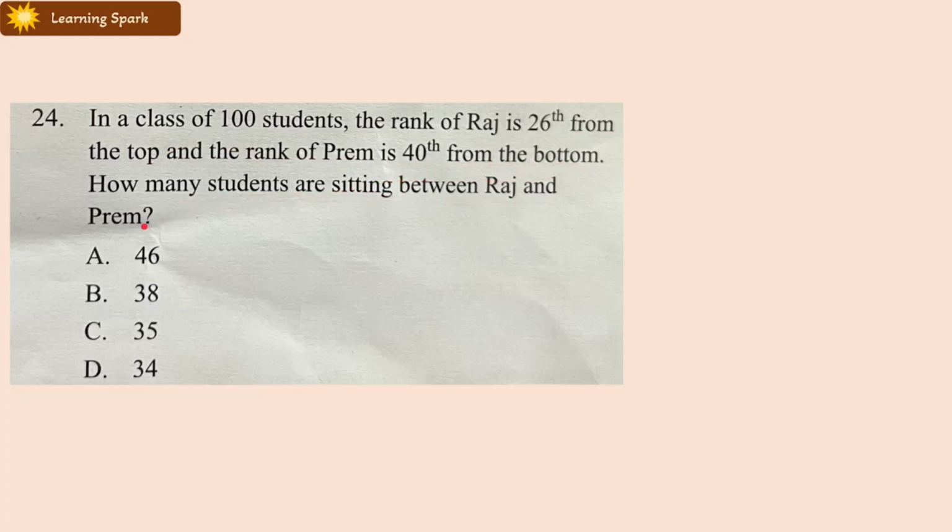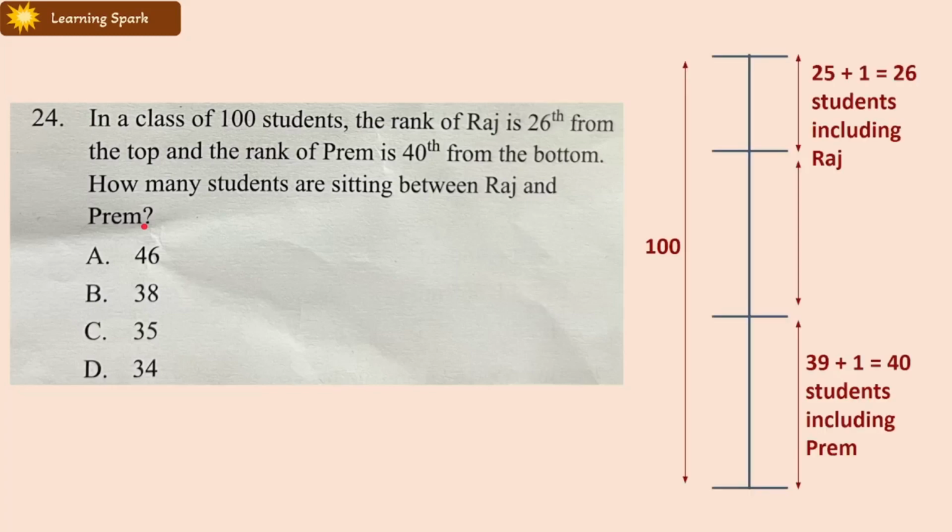Let's draw a diagram to represent this so that it is clear to us. So total 100 students, this is a pool of 100 students. Raj is 26th student from the top, right? So what does this mean? 26th student means that there are 25 students and then there is Raj, right?